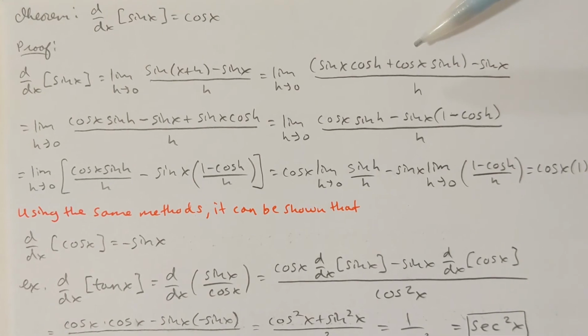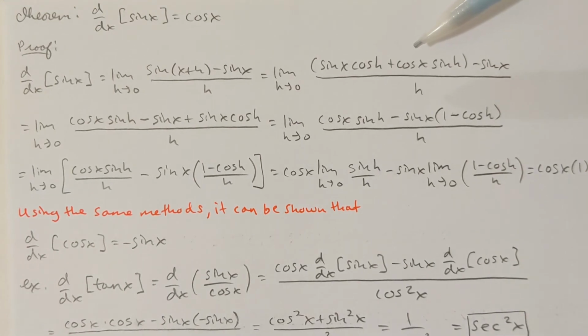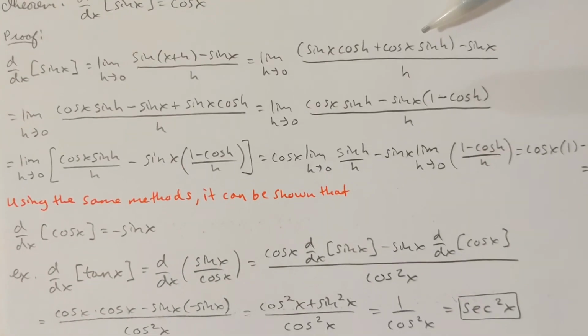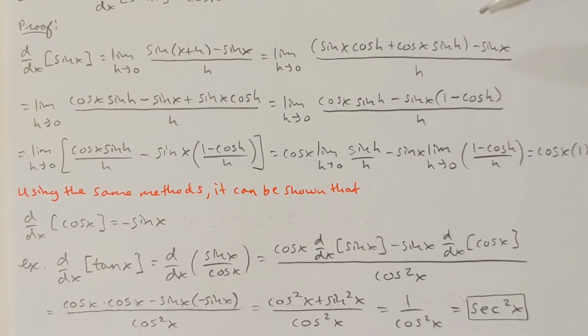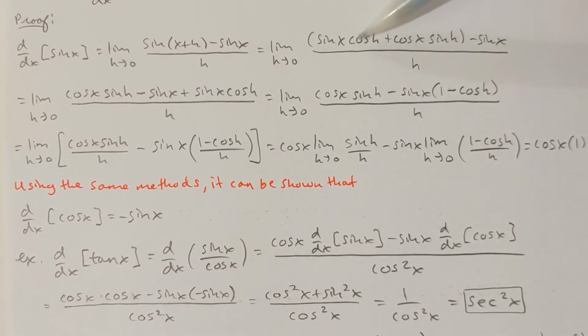Now, in the next line, let's just move some terms around here in the numerator. So let me put this term in front here, and then I'll put this term that was leading off there at the end. So just a rearrangement of some terms.